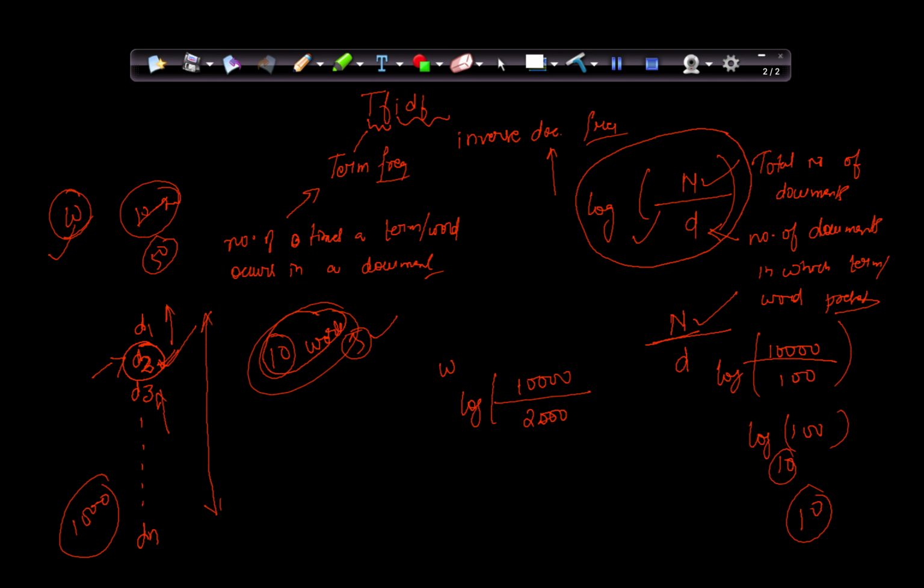Cancelling, this is 5, and log 5 base 10 will be a lot smaller than the previous value, because it will be less than 1. So you can see that by using this formulation, we can give more weightage to those terms or words which are very rare in our corpus.